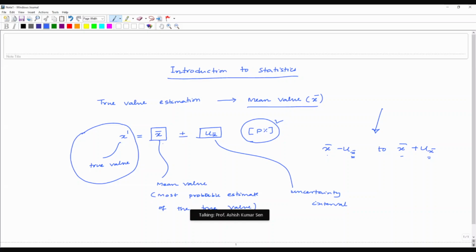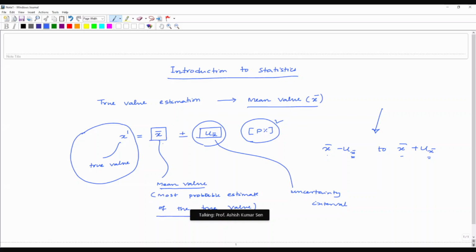What is p%? So you talk about either 1 sigma, 2 sigma, 3 sigma, and so on. Depending on the probability, your plus minus uncertainty interval will get adjusted. Okay. Now, before that, I want to talk about something called central tendency of the data, because we said that the mean value is the most probable value of the true value.